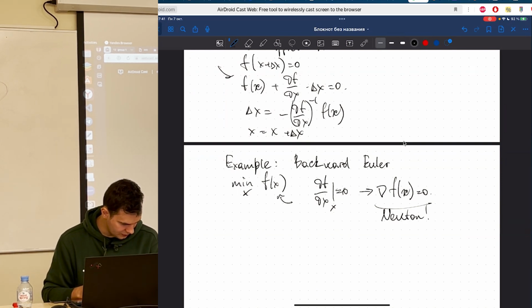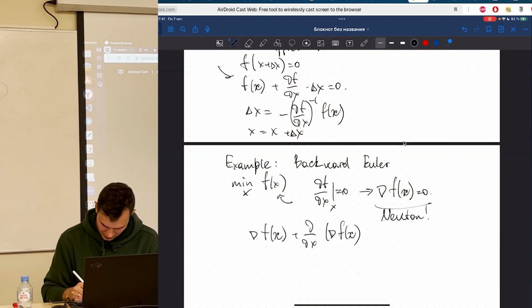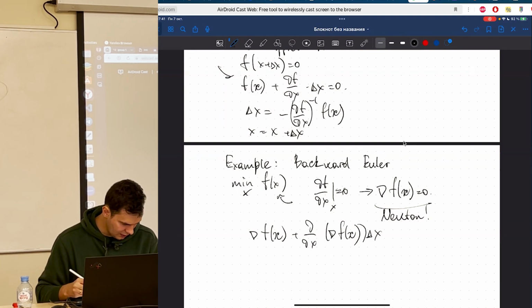So, it's supposed to be equal to 0, and then the gradient of the function plus the linear map of this gradient times delta x has to be equal to 0.